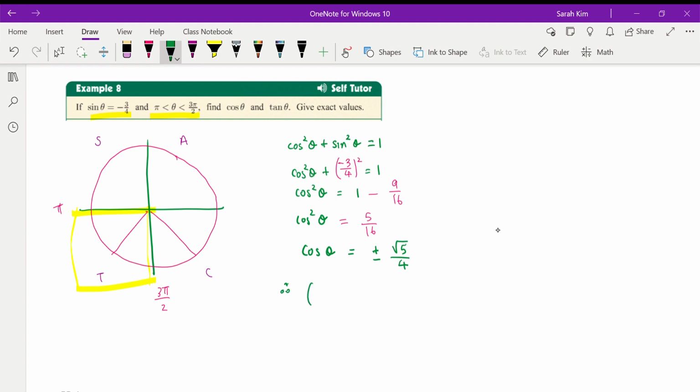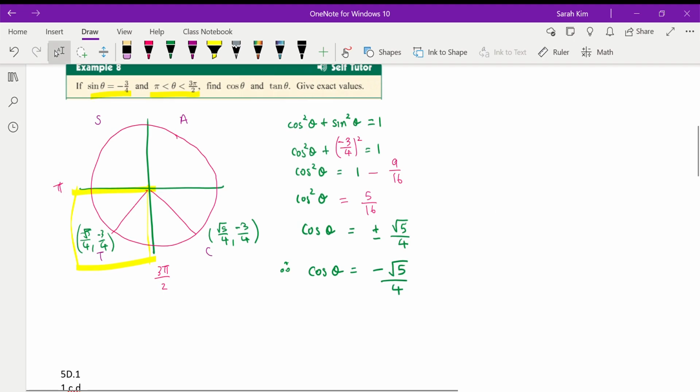So my cos is negative square root 5 over 4, because that one's negative square root 5 over 4, comma, negative 3 over 4, and this one is a positive option. So that's how I know that it's going to be the negative option. So let me write that down. Cos theta, in our case, we want the negative option. So now we know the cos theta, we've ticked that one off.